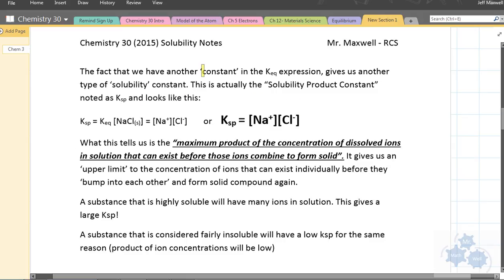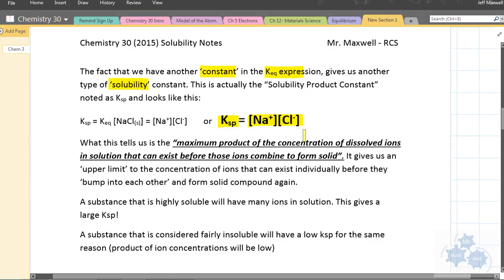So the fact that we have another constant in the KEQ expression gives us a type of solubility constant. When we're just talking about dissolving, a reversible dissolving or dissociation reaction, we get a new kind of constant, and it's called the Ksp. The Ksp is just based on the concentration of the ions on the product side.